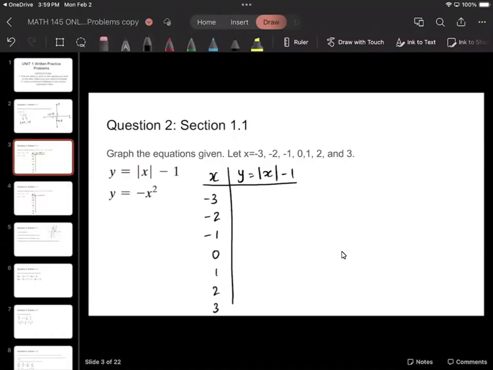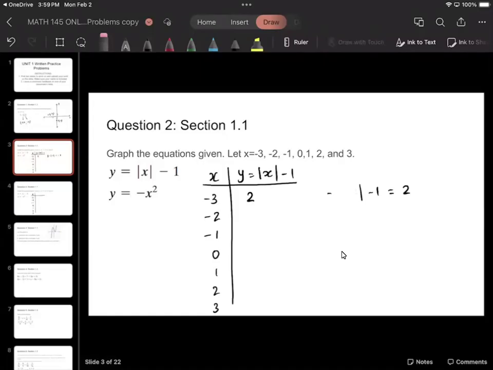Suppose you plug in, your y value will become the absolute value of -3, minus 1. The absolute value is going to take any number, negative or positive, and convert it into the positive equivalent. So -3 is going to become 3, and 3 minus 1 is 2. So this is what goes here, right?